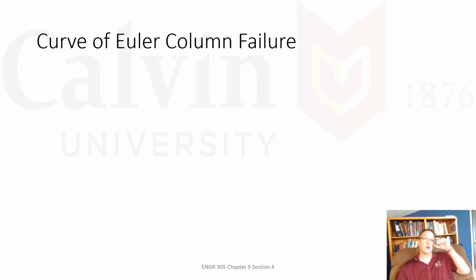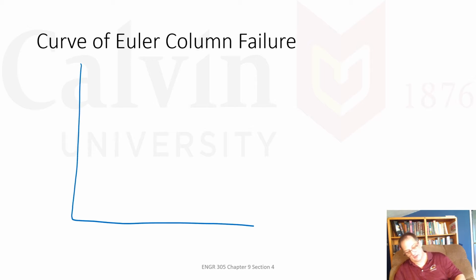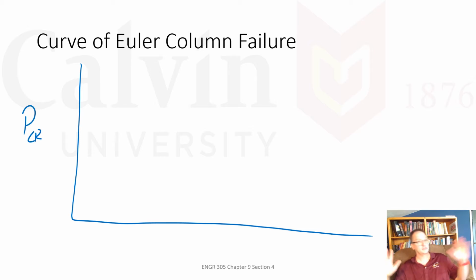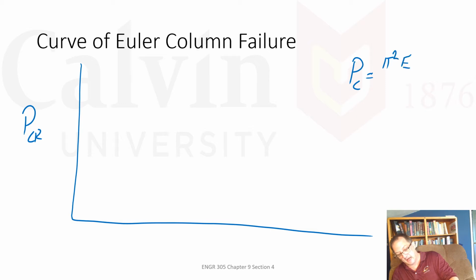What does the curve of that Euler column failure look like? Well, if I look at P critical, let me write down the equation one more time because I've got it memorized at this point, but you don't: P critical is equal to pi squared EI over L squared. So let's look at this as a function of the length of the column.